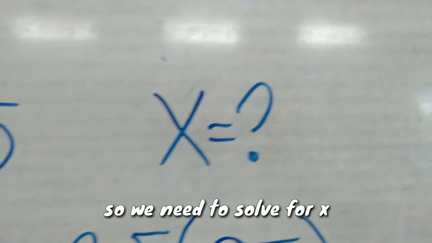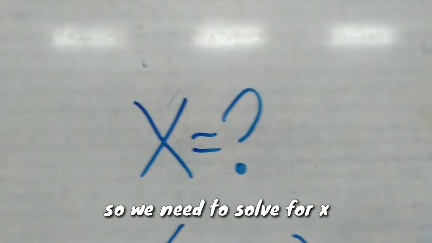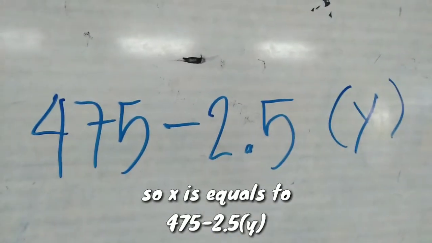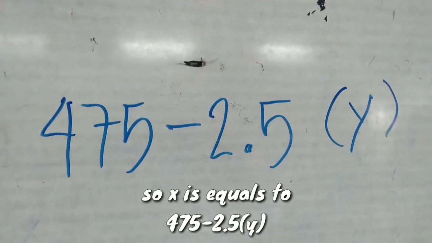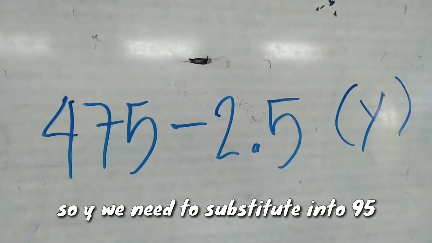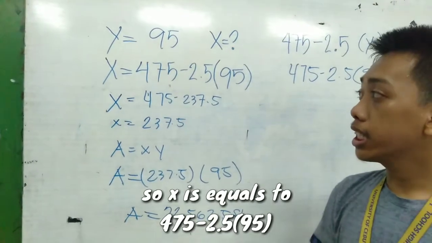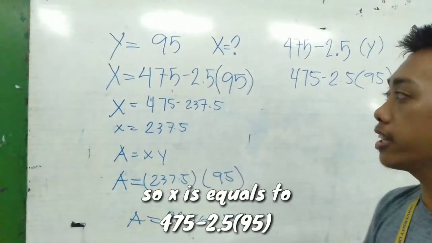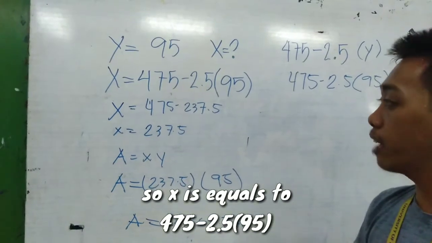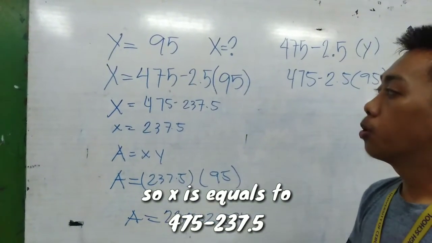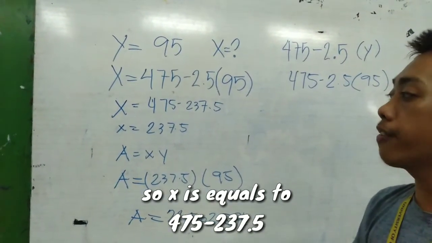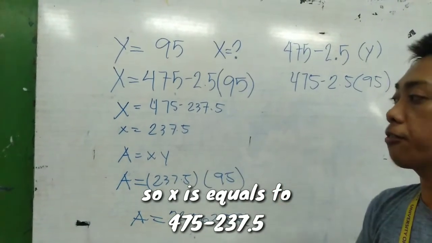So we need to solve for x. So x is equal to 475 minus 2.5y. We need to substitute y with 95. So x is equal to 475 minus 2.5 times 95. So x is equal to 475 minus 237.5.